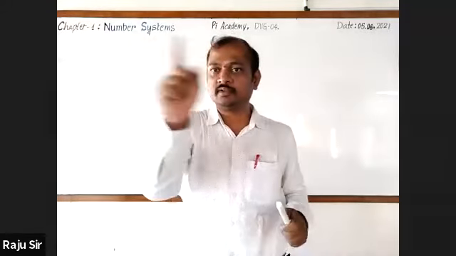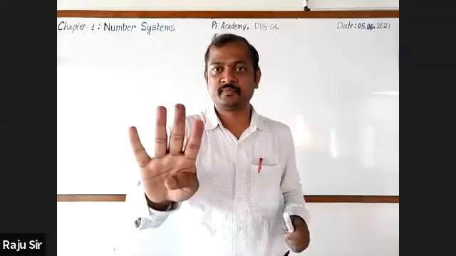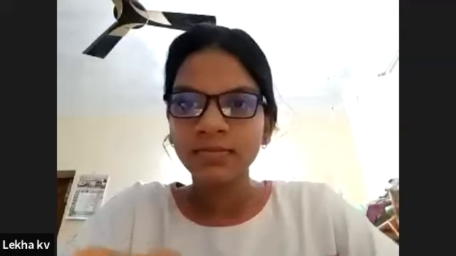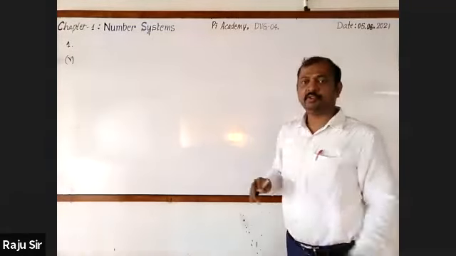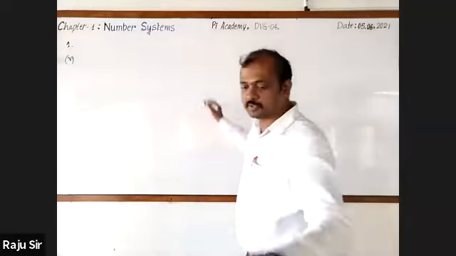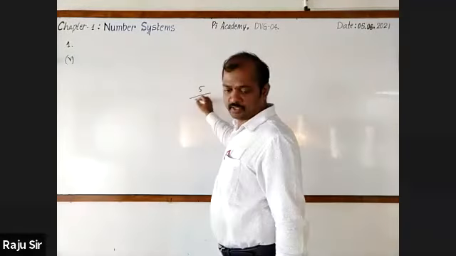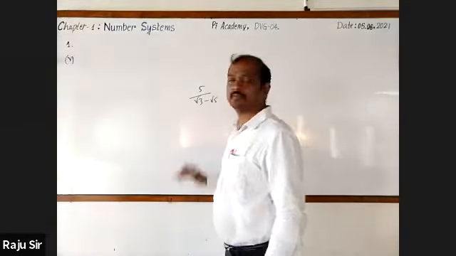The 5th sub question: we are going to rationalize the denominator. Wait, just to check whether it was over: 5 by root 3 minus root 5. Over, sir. And check this one: 1 by 7 plus 3 into root 2. Not over? No, sir. Okay, now let me take this.